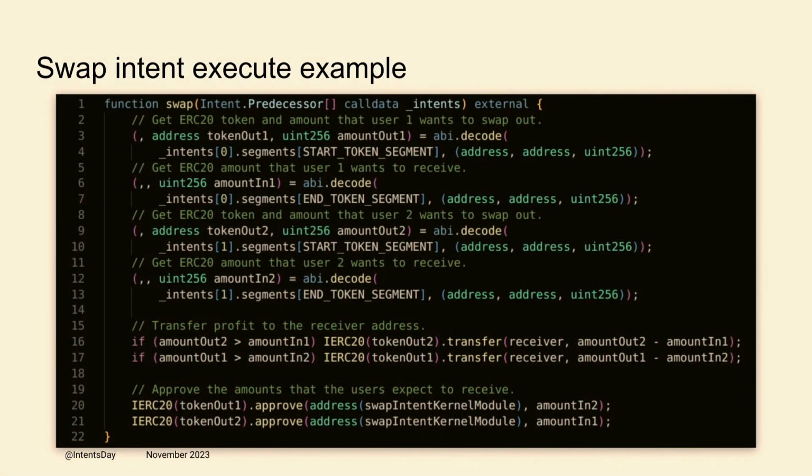This is an example of maybe a function that would be defined by a solver to actually perform the swap, how that would look. This particular example supports having two swap intents. Very simple. There can be two swap intents, and we can execute those with this particular function here. What the solver would do is submit an intent to execute two swap intents, and then provide this function together with it.